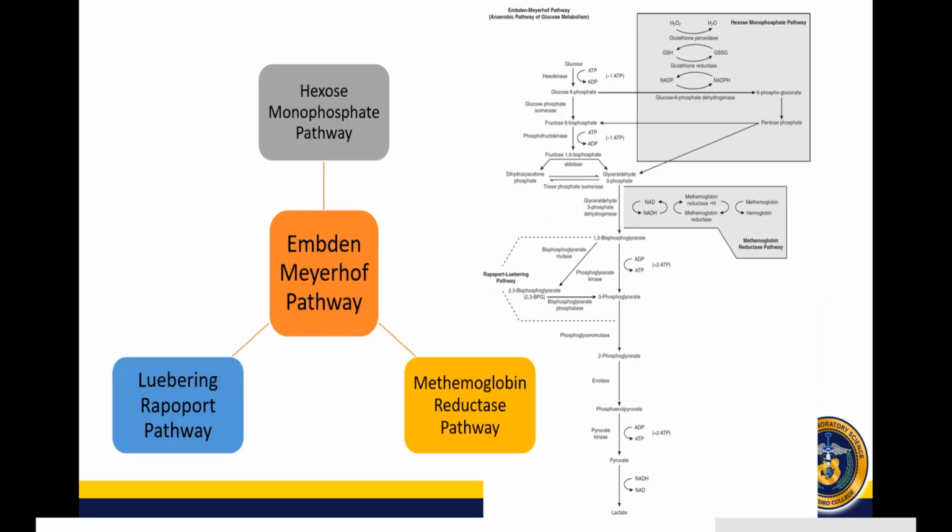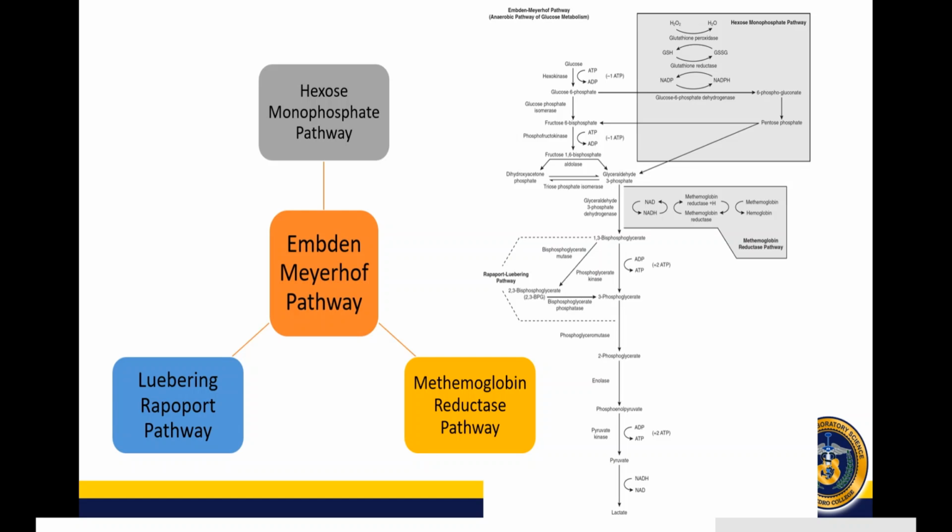Now we have the so-called diversion pathways. What are these diversion pathways? They are called diversion pathways because, basically, they diverge from the Emden-Meyerhof pathway. And the RBC has three diversion pathways that are also of equal importance.